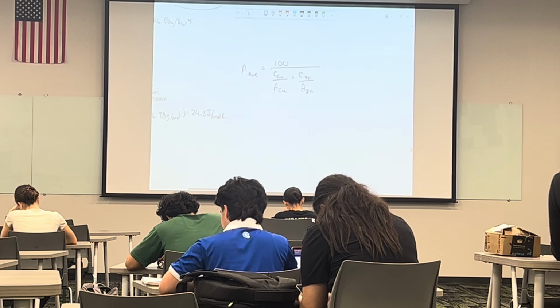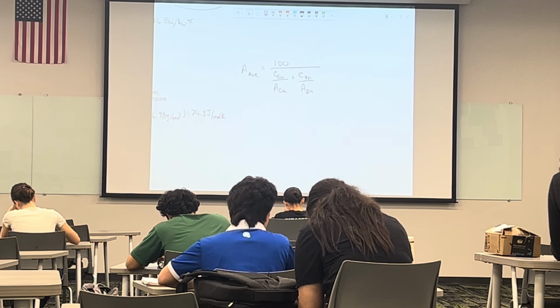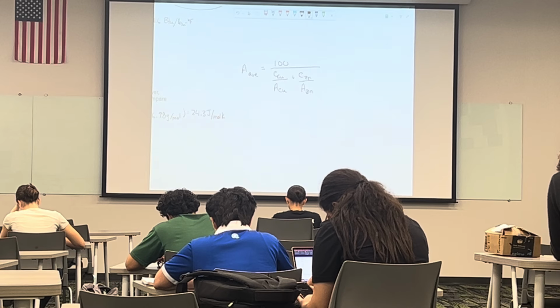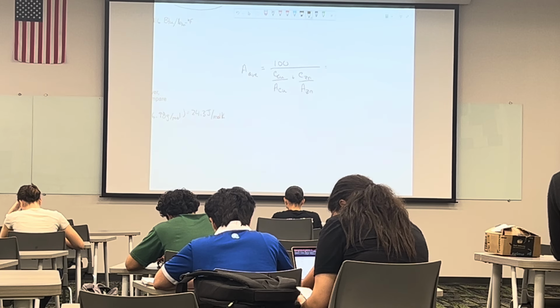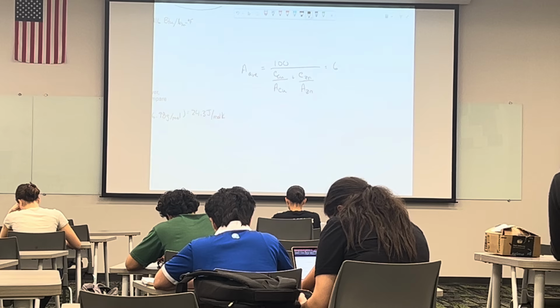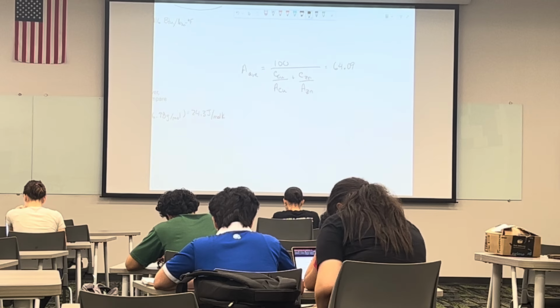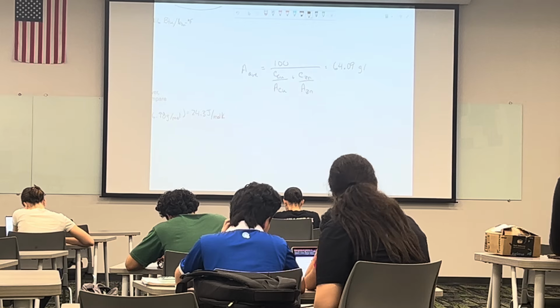Essentially, we know the copper is 70% and the zinc is 30%. At this point, we just need the atomic weights for copper and zinc respectively. I won't write those in just to save some space and time. If we calculate that, we'll have the atomic weight of that alloy as 64.9 grams per mole.